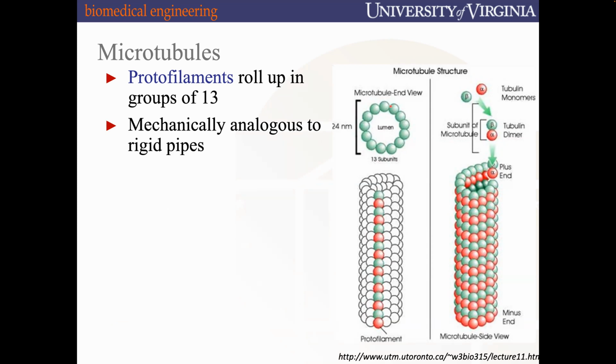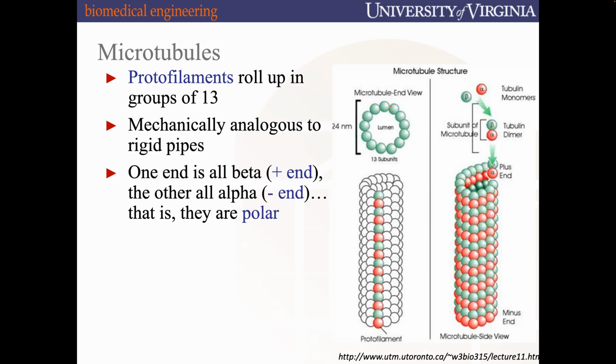So these microtubule filaments have a lot of strength to them, which is important for the function they play in the cell. And similar to what was mentioned in the pre-lecture, these are really important because they have some polarity to them.